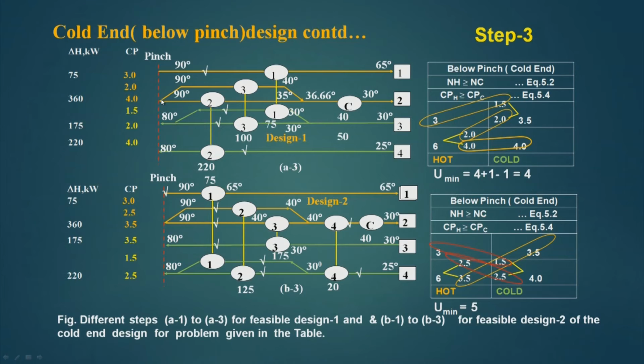So, they start with 90 degree centigrade, a part goes here and cools down to 40 degree centigrade, another part starts with 90 degree centigrade, goes through this heat exchanger, and cools down to 35 degree centigrade. When these two streams meet here, they make 36.66 degree centigrade, and then they pass 40 kilowatt heat to the cooler and reach the target temperature of 30 degree centigrade.